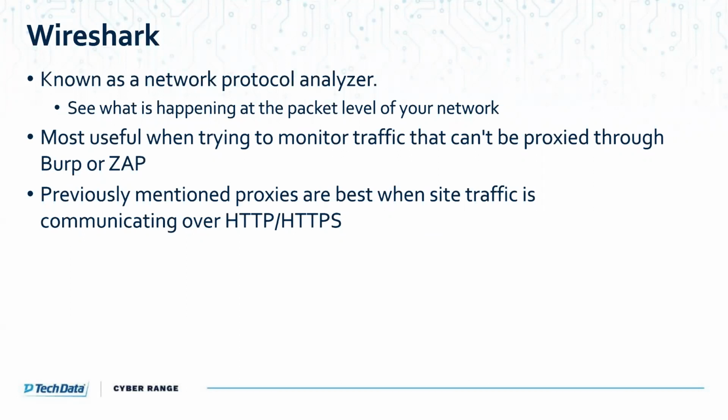So Burp Suite and OWASP ZAP are best for sites using those standard protocols of HTTP and HTTPS. But if you're ever doing research or assessing a website that doesn't use HTTP and HTTPS, you can use Wireshark to inspect those packets.